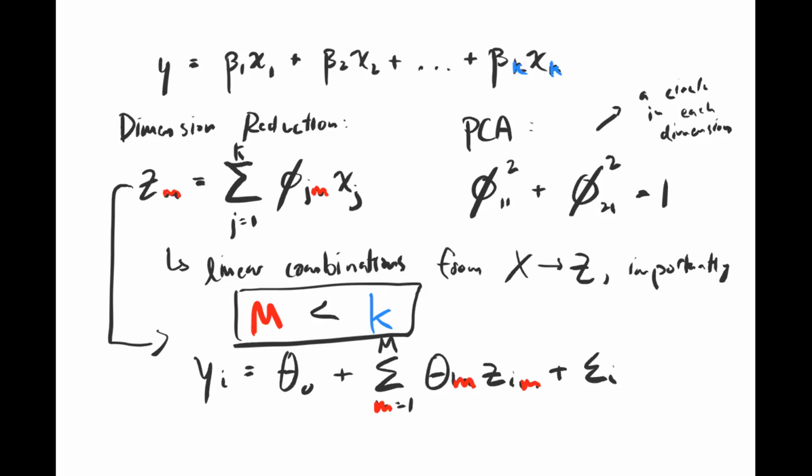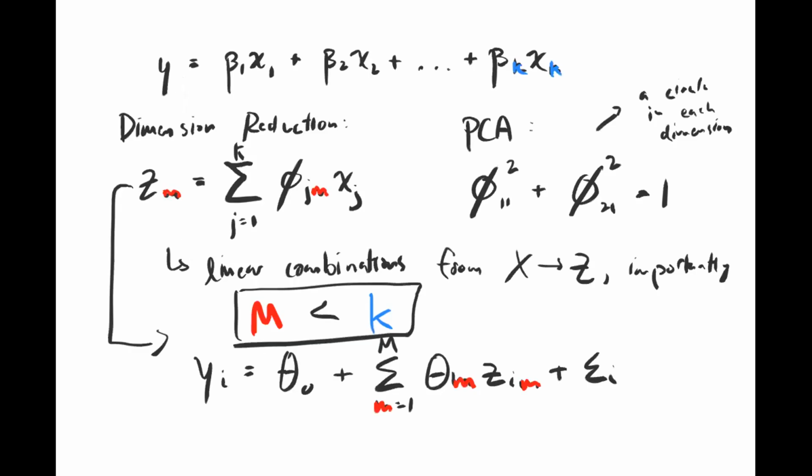So qualitatively, I'll show what's going on here. In the reduction to your Z's, each Z is called a component, and in the PCA model, it's a principal component of your predictors.